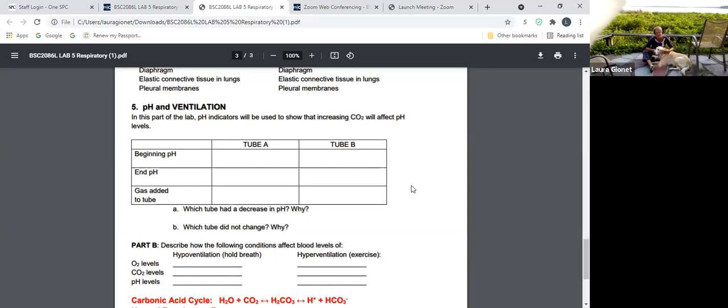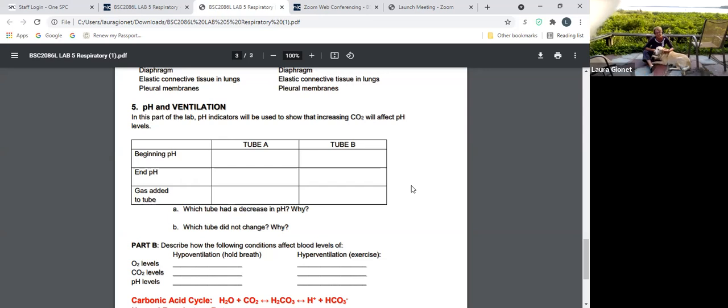So this little device allows you to let the bulb fill up with air, and then you compress it and squirt air into the water. So it's similar to blowing air through a straw into the water, but we're not going to use air that we're breathing out because that's going to have carbon dioxide in it.